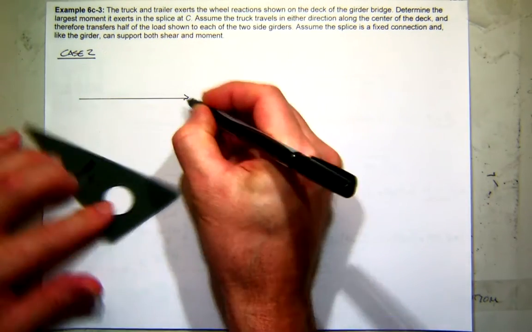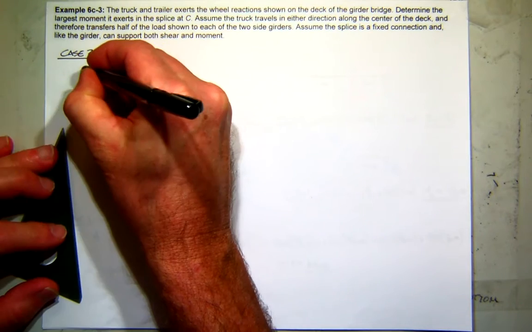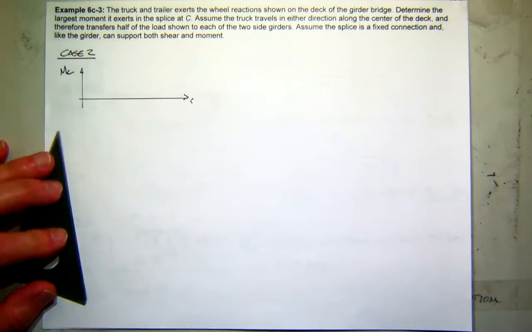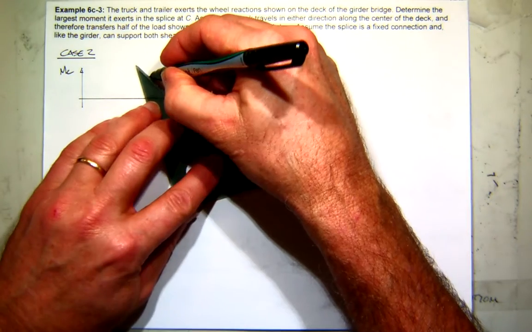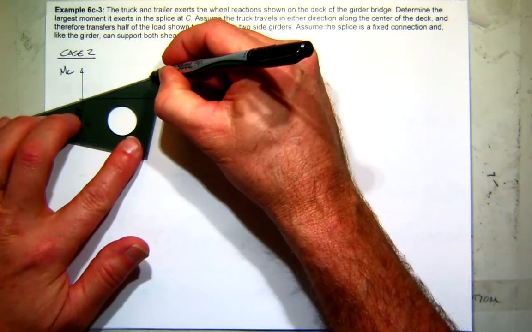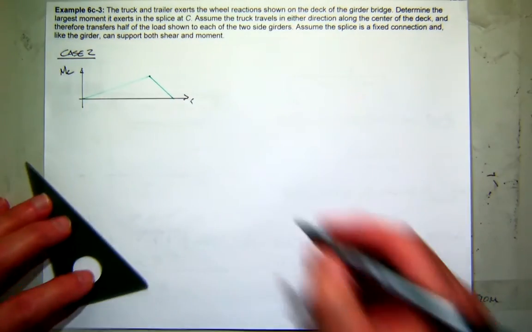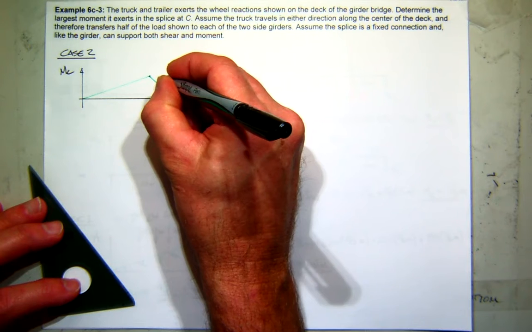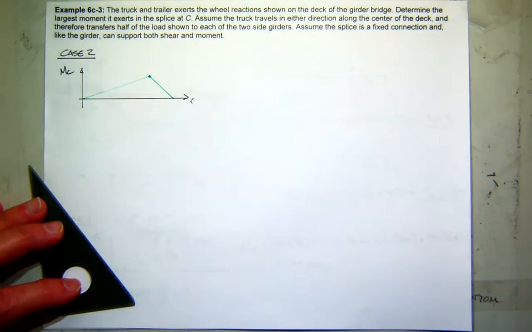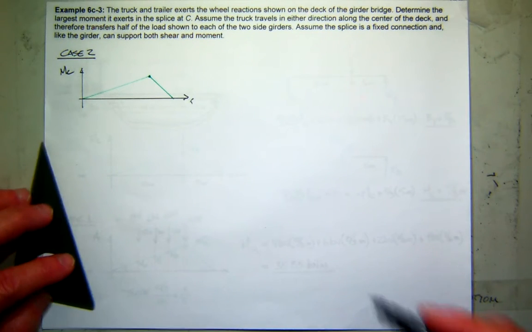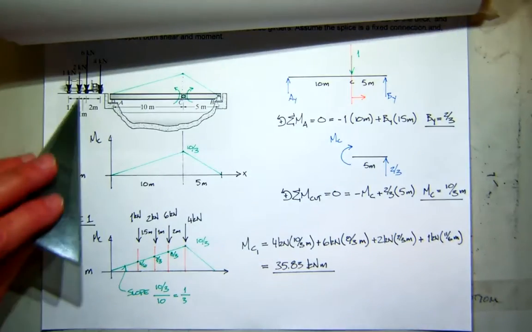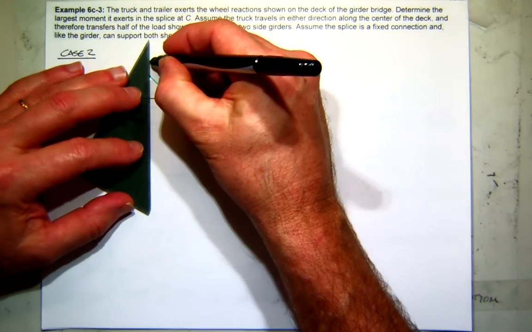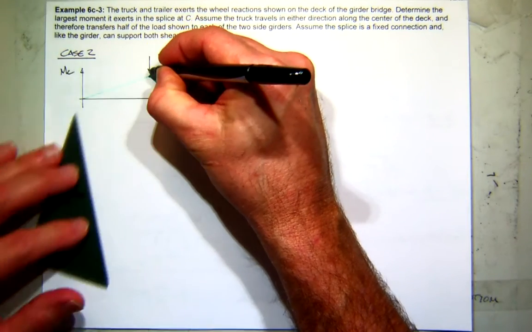All right, so here's our moment at C, and there's our influence line. You might remember that this had a value of 10/3. So now the middle load, which was, let me revise it, that was 6 kilonewtons, goes to the top.